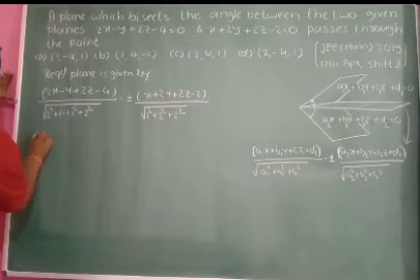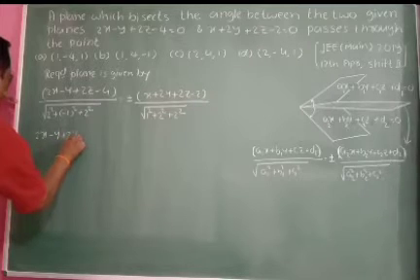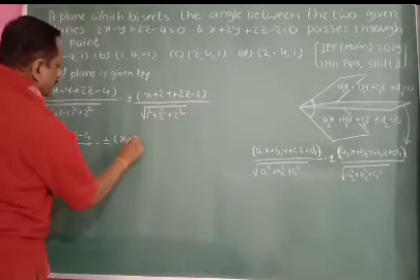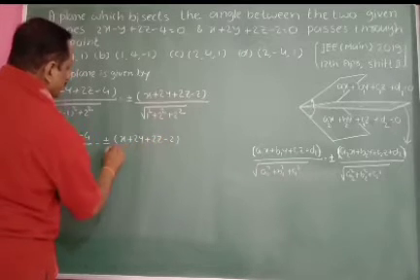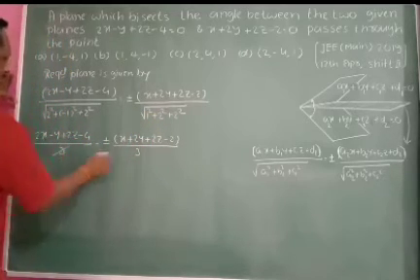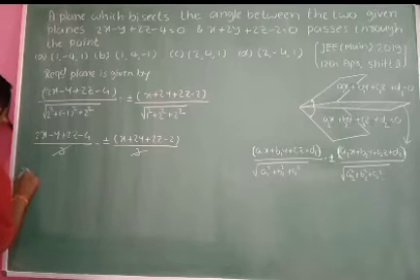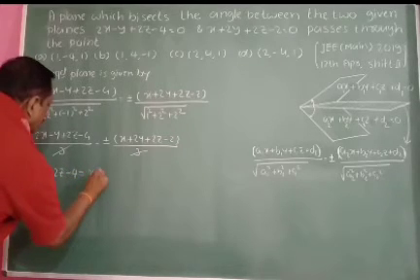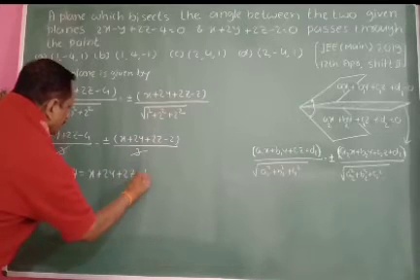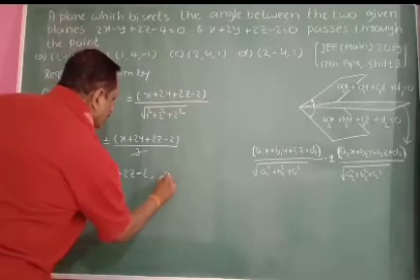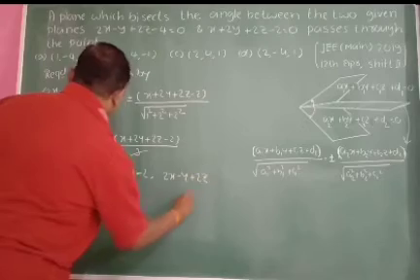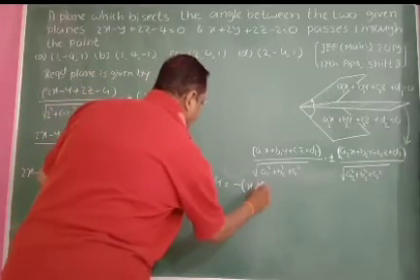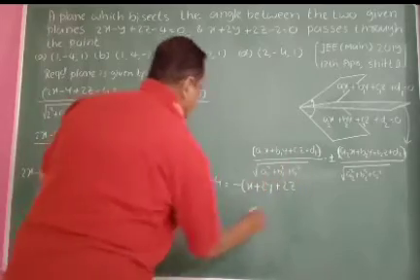Therefore 2x minus y plus 2z minus 4 divided by 3, equal to plus or minus x plus 2y plus 2z minus 2 divided by, again simplifying, 3. This 3 and this 3 cancel. Taking the plus sign the first time: 2x minus y plus 2z minus 4 equals x plus 2y plus 2z minus 2. Similarly, taking the minus sign the second time: 2x minus y plus 2z minus 4 equals minus of x plus 2y plus 2z minus 2.